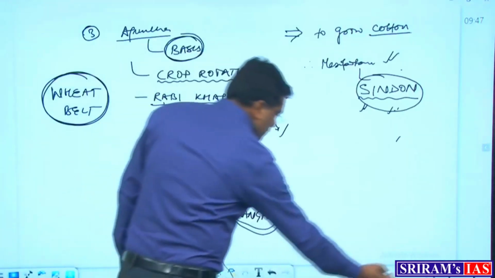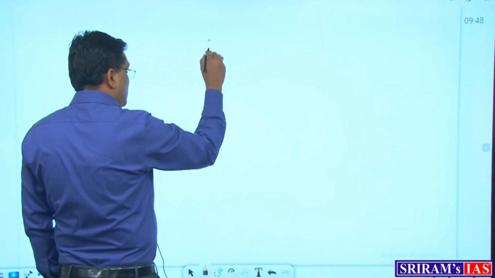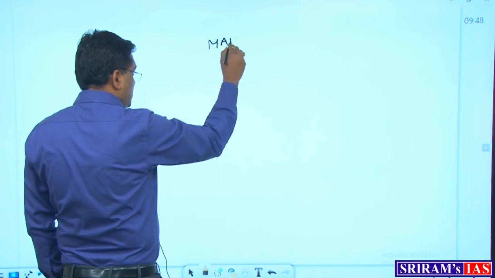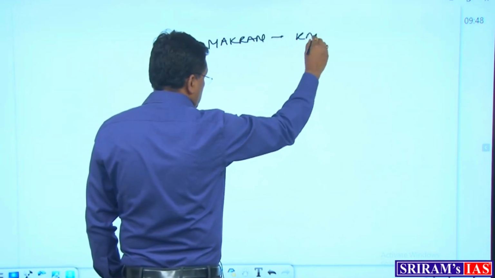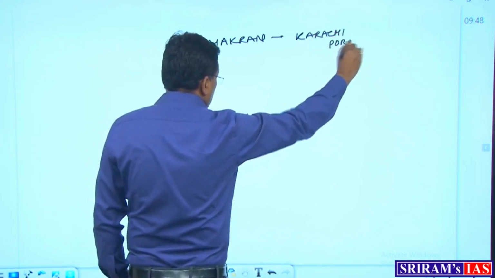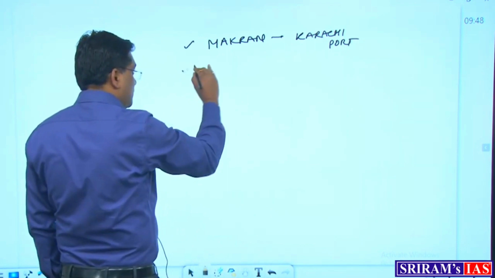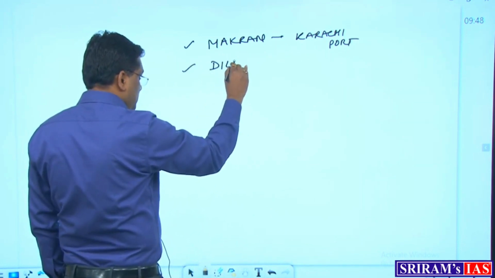Important points of trade, like Makran, they called it the Karachi port. Dilmun is called Bahrain.